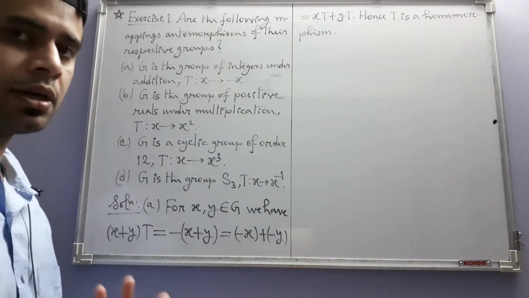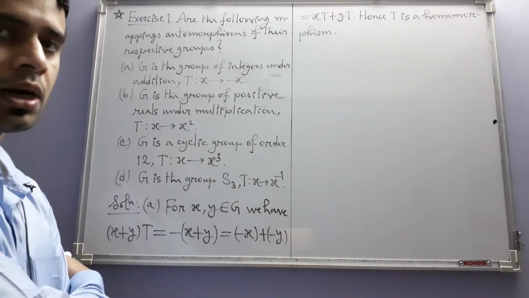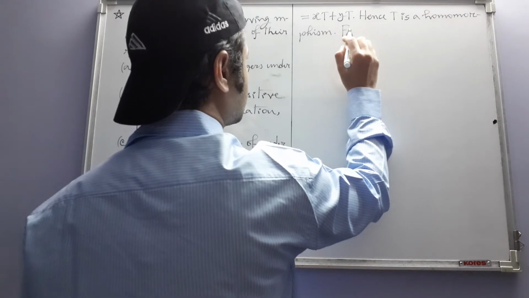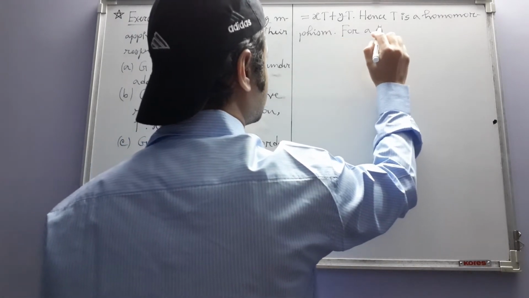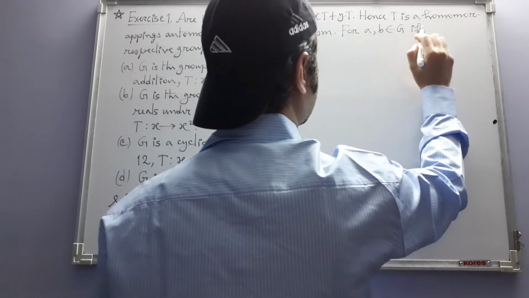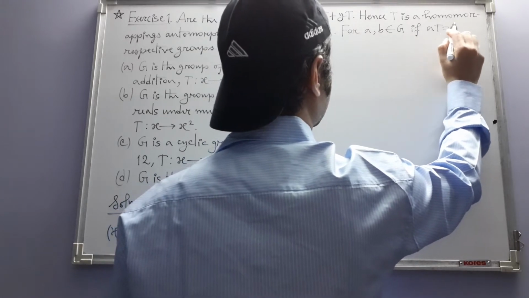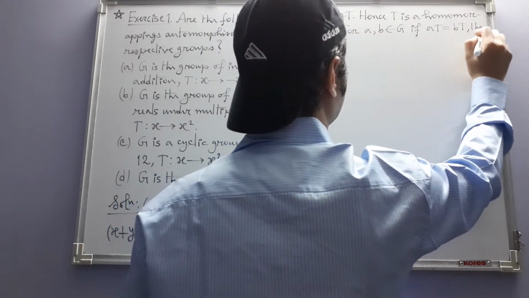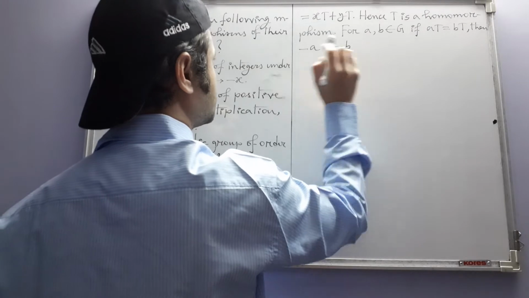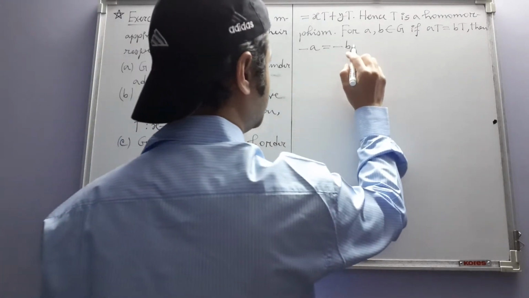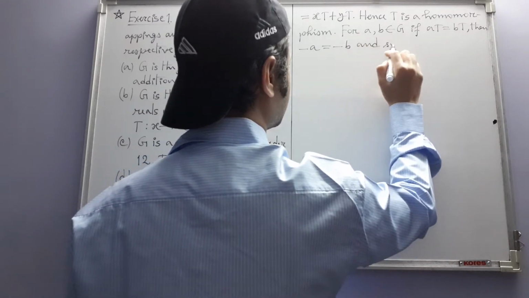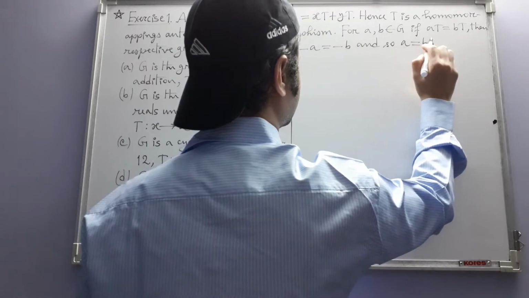So the next thing we have to see is whether t is one-to-one and or onto. For two integers a and b, if at is equal to bt, then minus a is equal to minus b, because at is minus a and bt is minus b, and so a is equal to b.